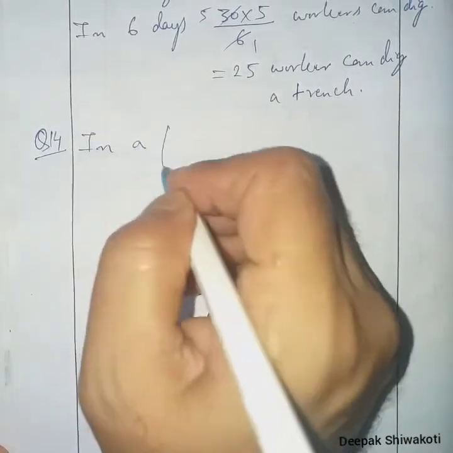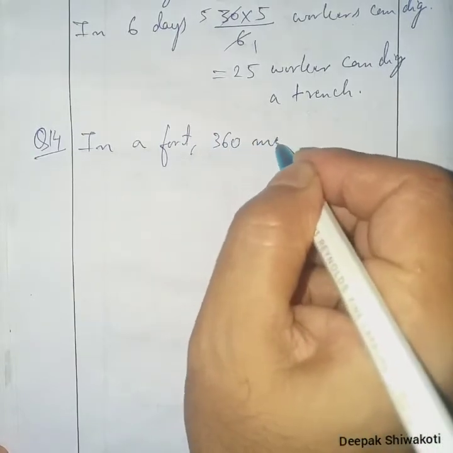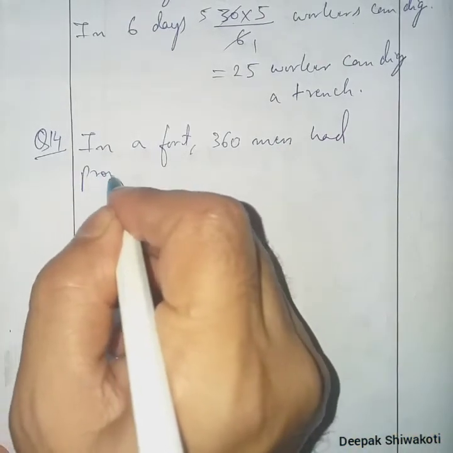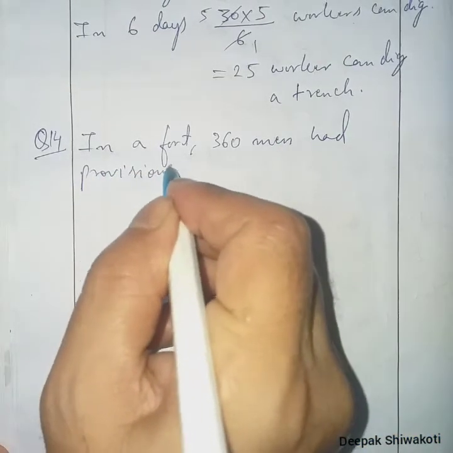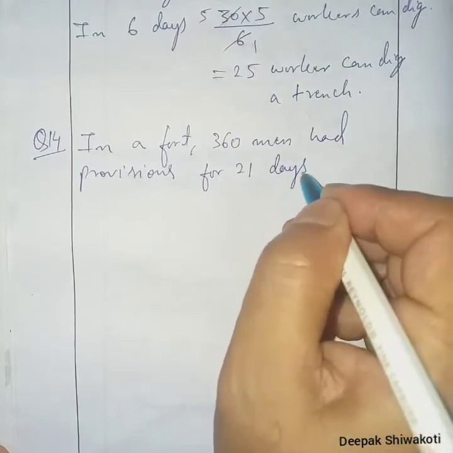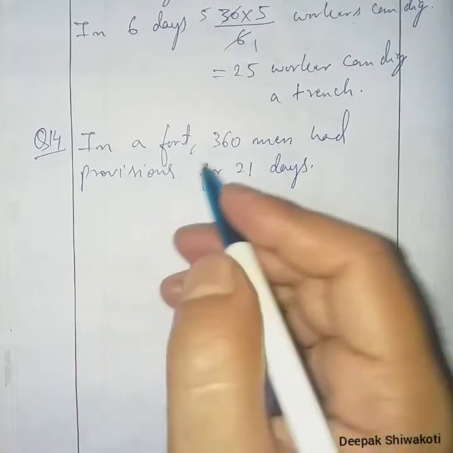In a fort, 260 men had provisions for 21 days. Here provisions means fooding and lodging.